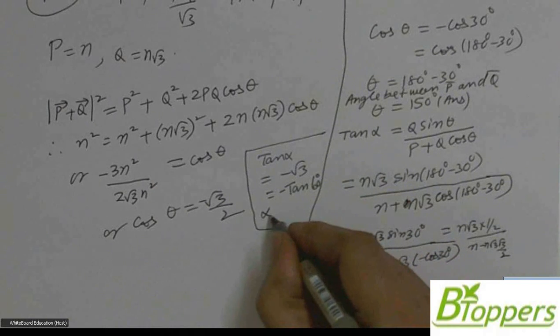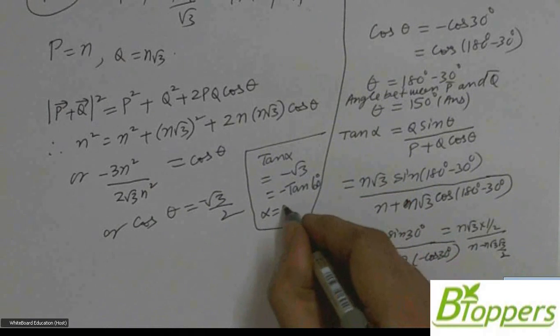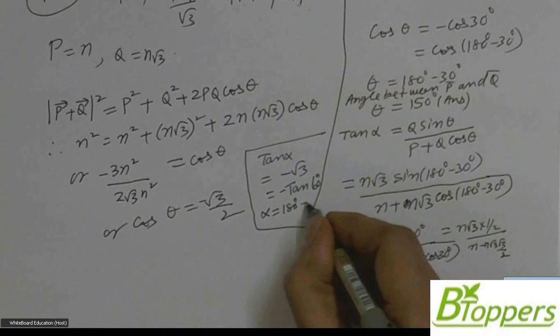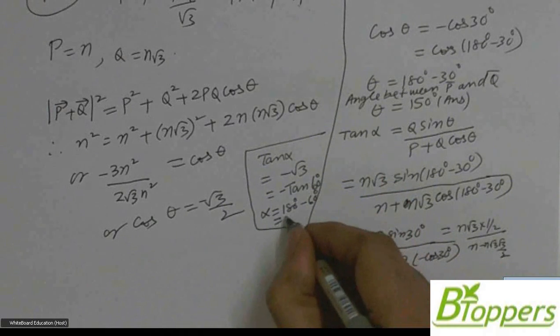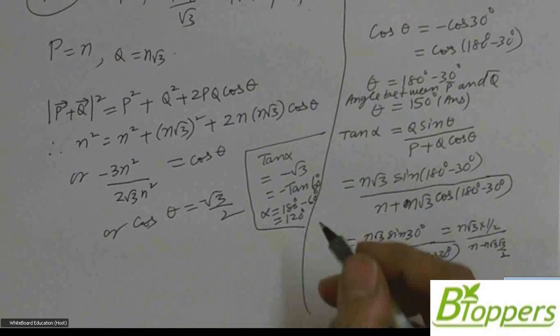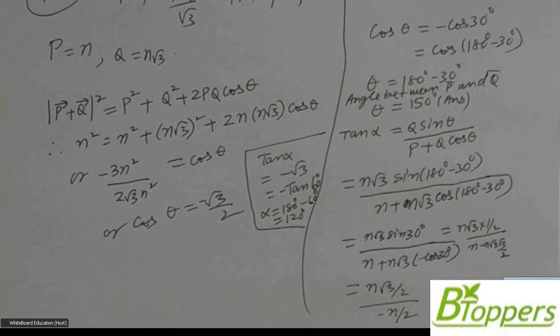So you get alpha equal to 180 minus 60 degrees, or you can say alpha is 120 degrees. That means here I have used the formula tan 180 degrees minus theta equal to minus tan theta. So minus tan 60 degrees can be the tan of 180 minus 60 degrees or 120 degrees. So alpha is 120 degrees.